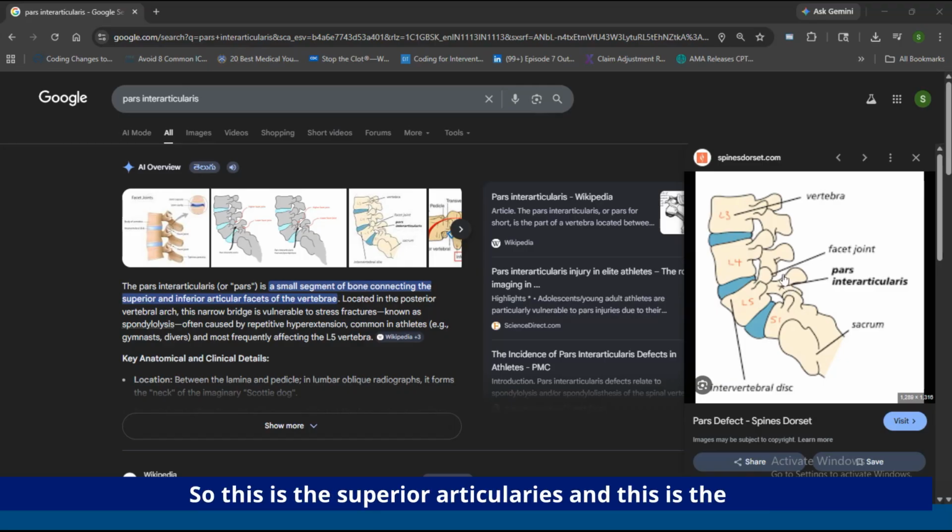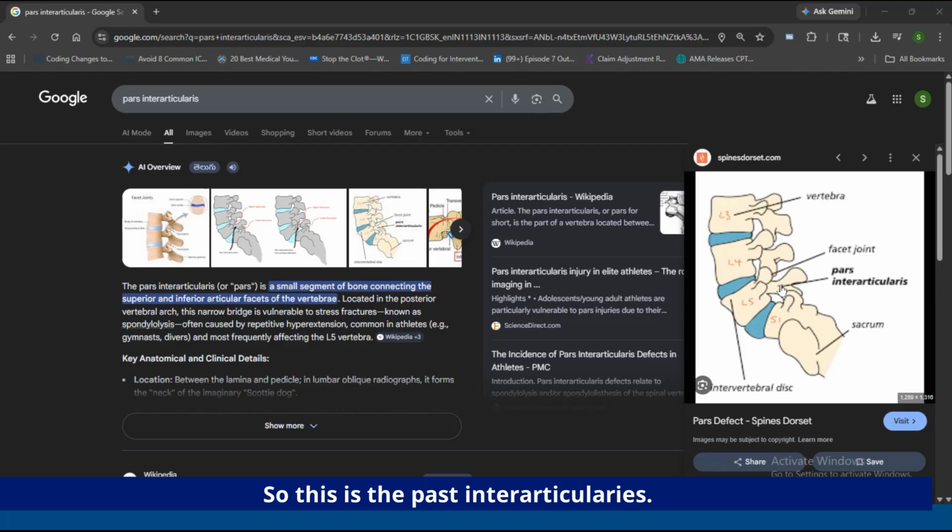This is the superior articularis and this is the inferior facet joint. So the pars interarticularis is a small segment of bone connecting the superior and inferior articular facets of the vertebra. The joints between two vertebrae are called facet joints, correct? And this is the pars interarticularis.